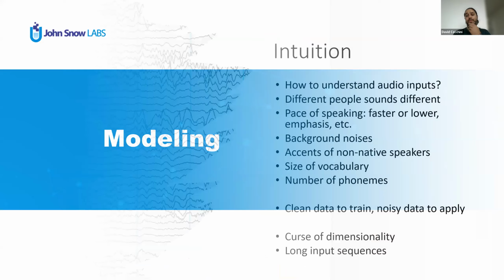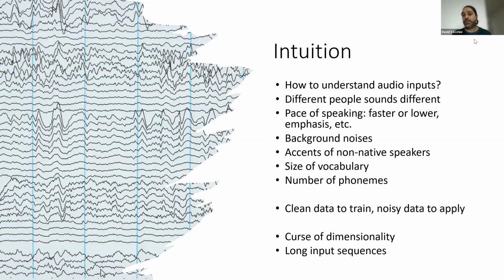So what are the main difficulties when modeling audio? It's very hard to differentiate the audio inputs, even if they are saying the exact same thing. In text, you would have one sentence independently of who is speaking it, independently of how fast or how slow you are speaking, or if you have background noises, or if there are other people speaking behind you, or if you have an accent like I have.